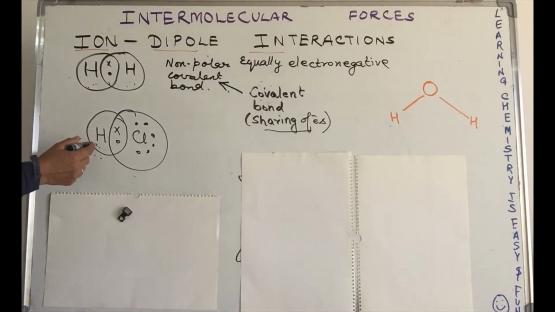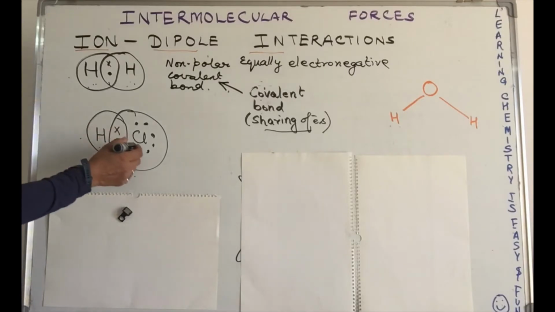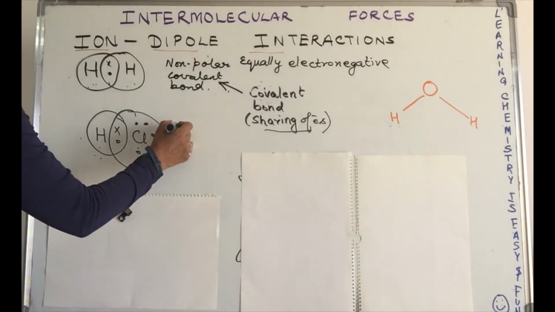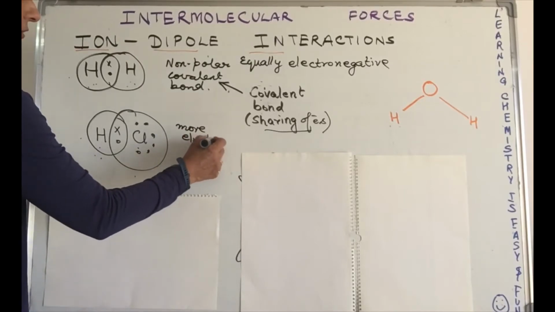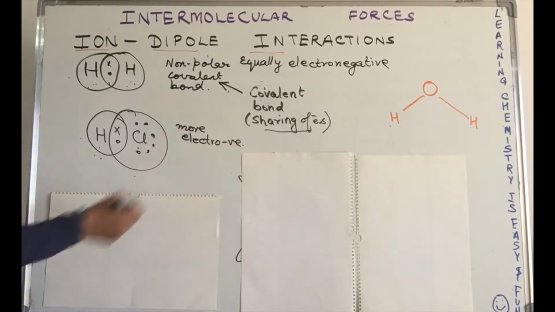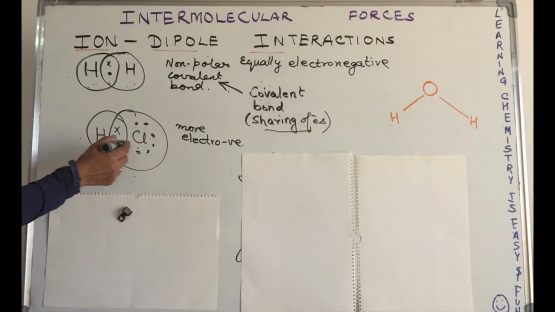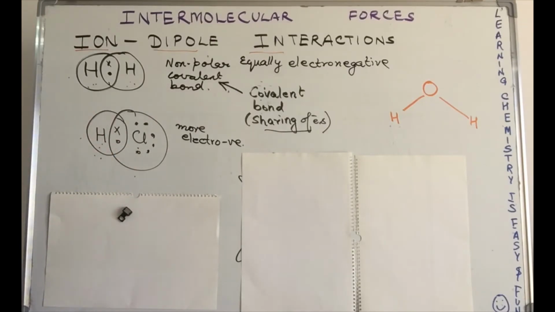In the case of hydrogen and chlorine undergoing single covalent bond formation, chlorine is more electronegative compared to hydrogen. So what it does is, it pulls the shared pair of electrons towards itself.